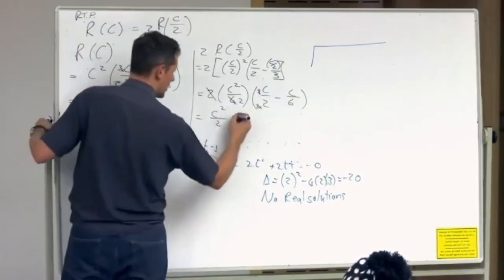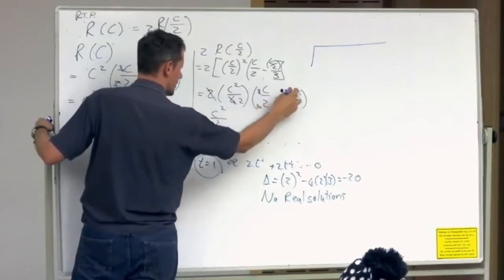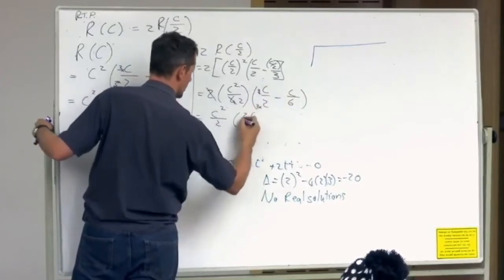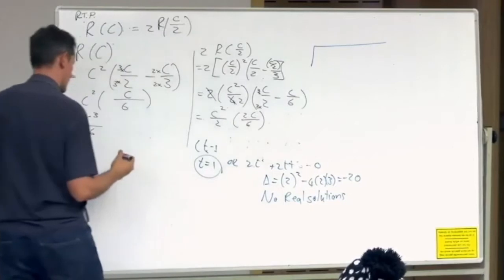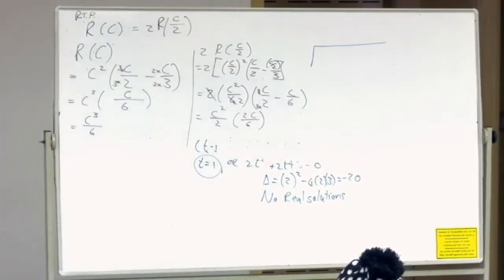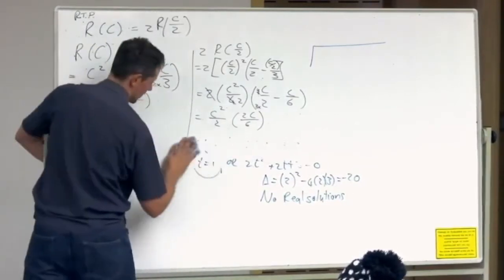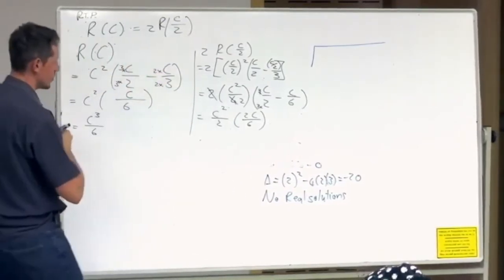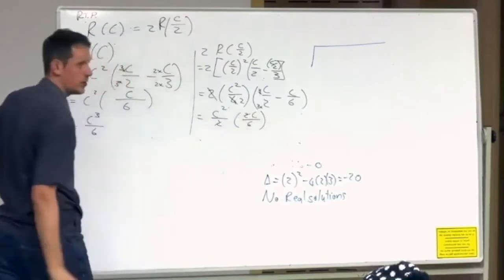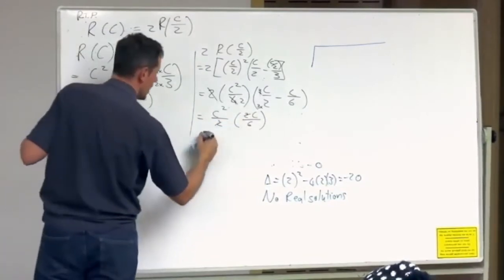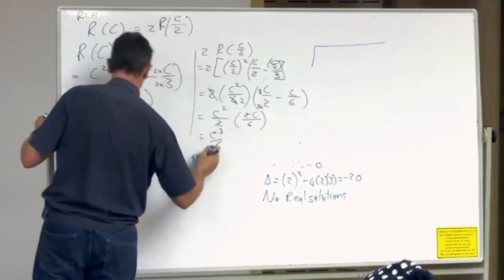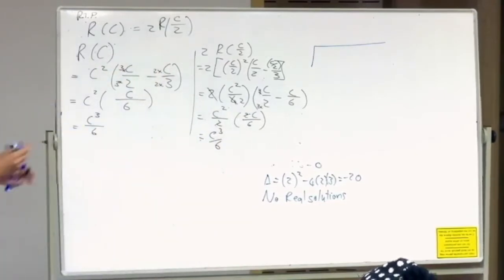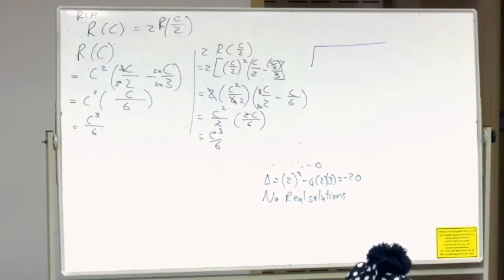So this is going to give me 3C minus C, which is 2C over 6. Okay. That 2 and that 2 cancel out, leaving me with C cubed over 6. They are equal to each other. Magic. Okay?